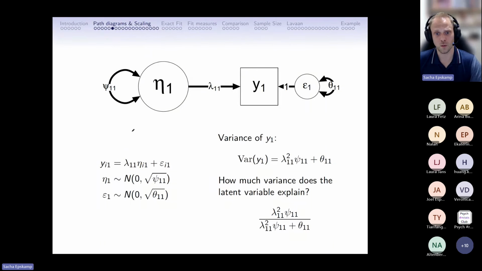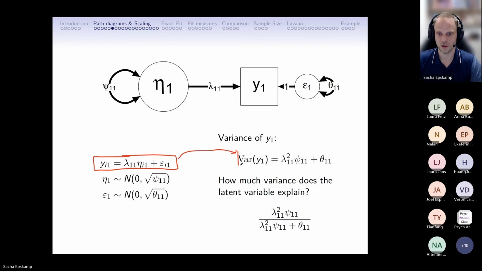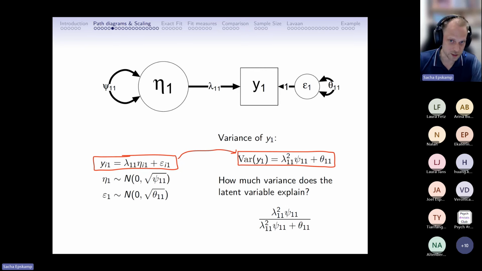All right, so what we're going to do is not try to model this. We're actually looking at what variance this model implies and what covariance this model implies, and we try to model that. To get that, we can use something called variance-covariance modeling, or covariance algebra. It's a set of rules.